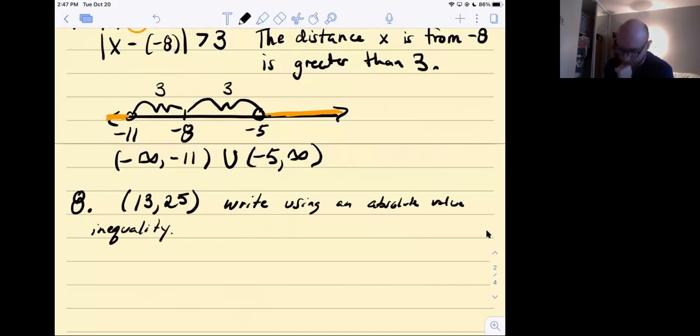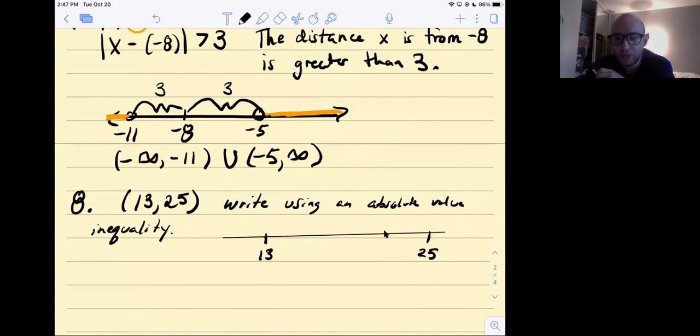Okay, so if we plot it, 13 to 25, can anyone share what we should look for first? Or how you thought about this?